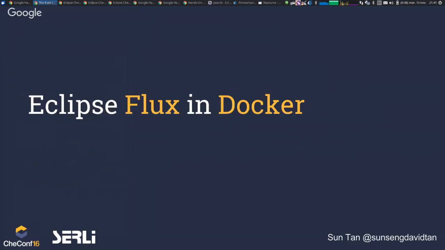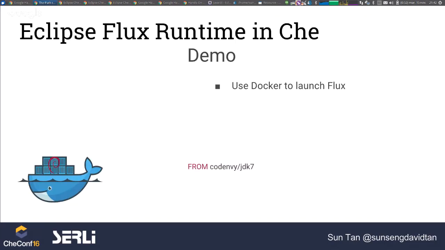Because I'm not a JavaScript developer and I spend a lot of time configuring Flux, when I started I decided to do all this in Docker, so it would be easier for me to get the Flux server up and running on any server when I need it. This Docker instance looks like this.